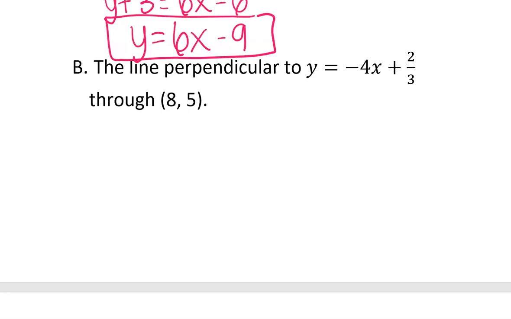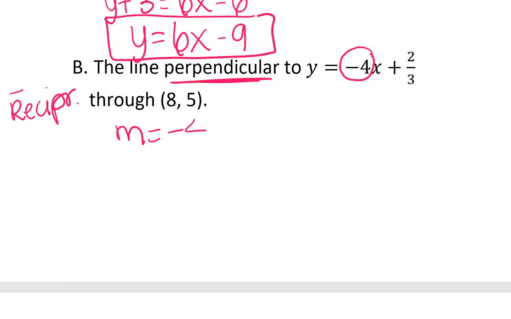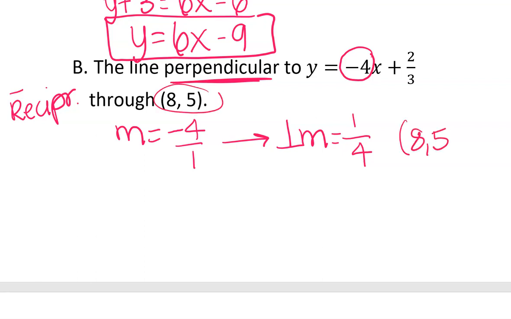So this time they want perpendicular. Perpendicular are negative reciprocals. So in this equation right here, I look for the x because the slope goes with it. So my normal slope is -4/1. My perpendicular slope is 1/4. Remember, you flip it over and change the sign, and then the point that I want to use is (8, 5).